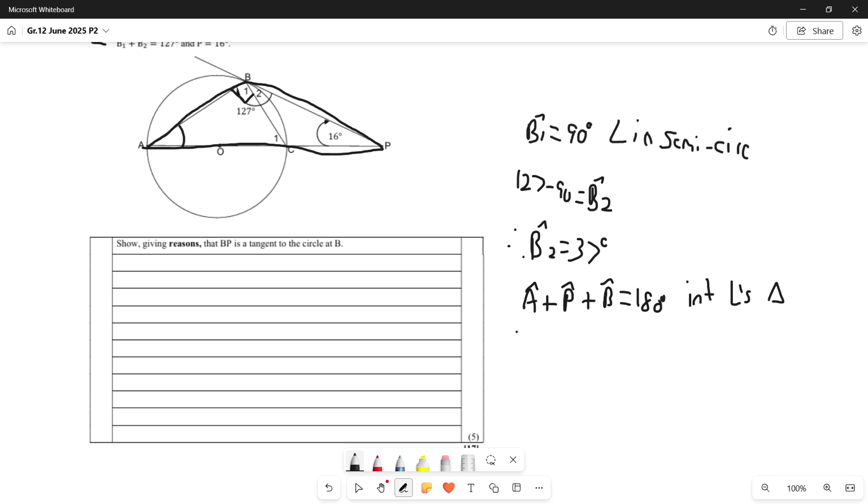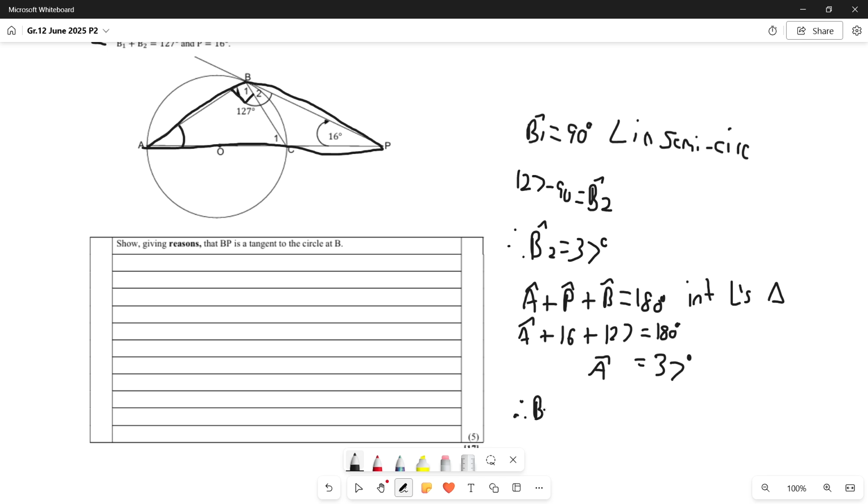Cool. And then A is what we're trying to figure out. But then P equals 16. That was given to us. B as a whole equals 127. That was given to us. And this equals 180. Then we can go ahead, add up the 16 and 127, take them over and subtract them. So 180 minus 127 and minus 16 equals 37 degrees. And that is great for us considering that B2 equals 37 degrees and A also equals that now.